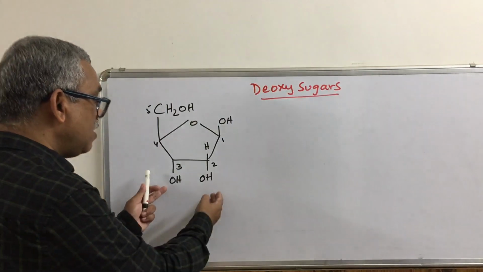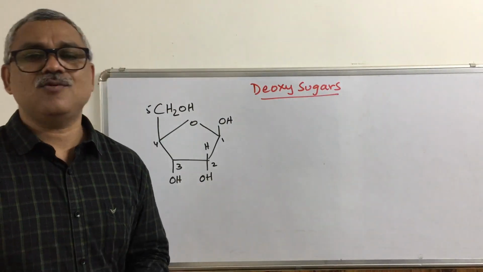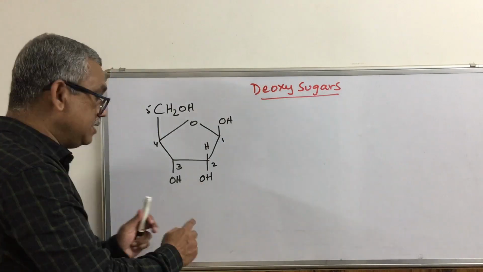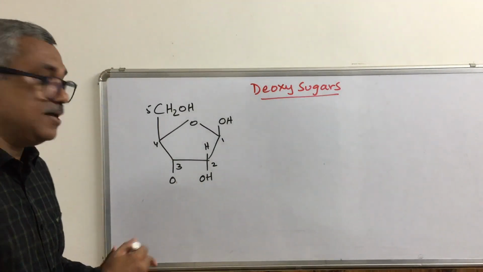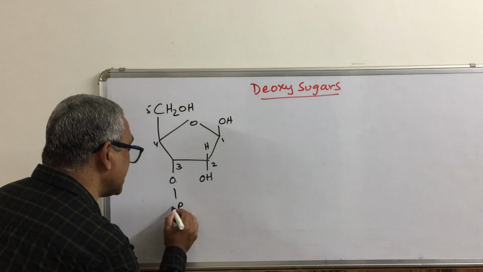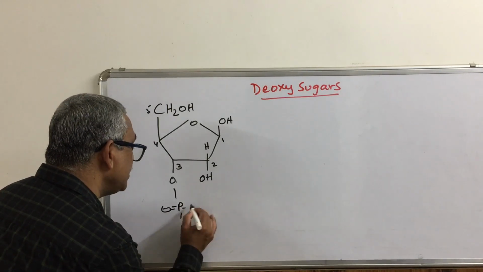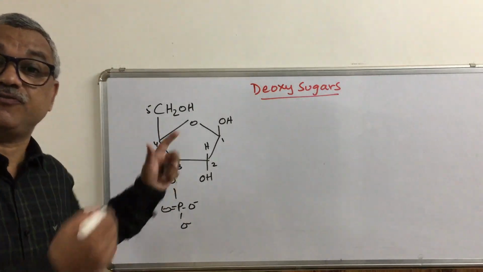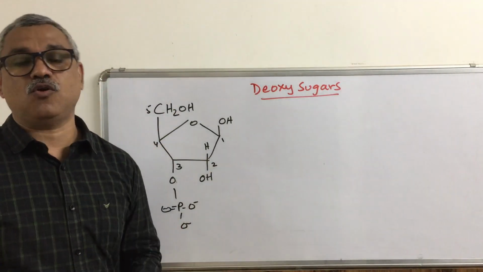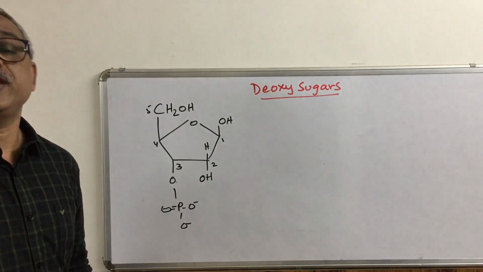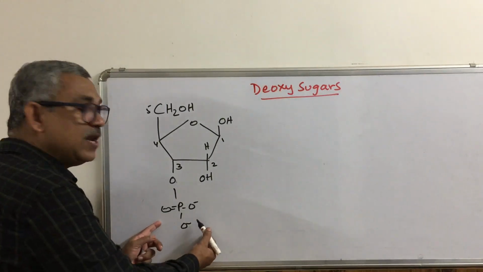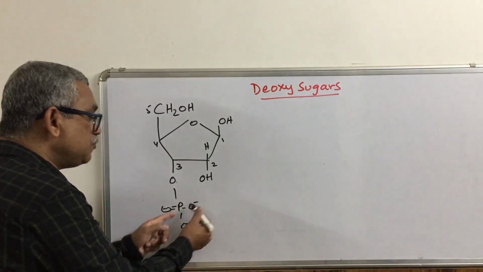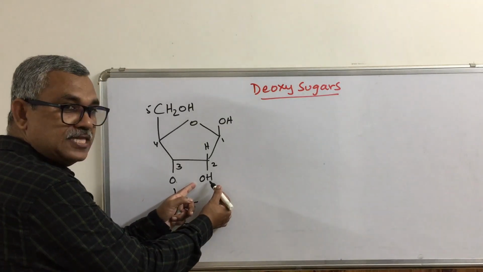If it were a ribose sugar, generally what happens is, in alkaline condition, we should understand that there is a phosphate group attached, as in the case of the phosphodiester bond, which forms the basic backbone of DNA structure. In alkaline condition, if there is a hydroxyl group here, this phosphate group binds with it.